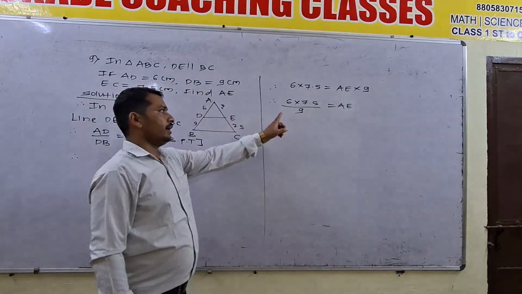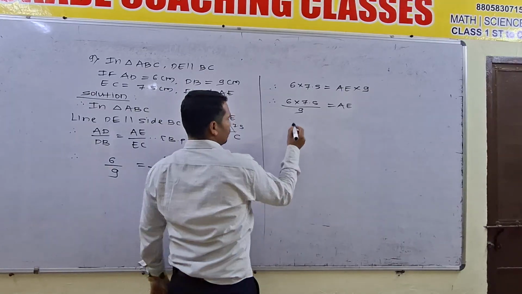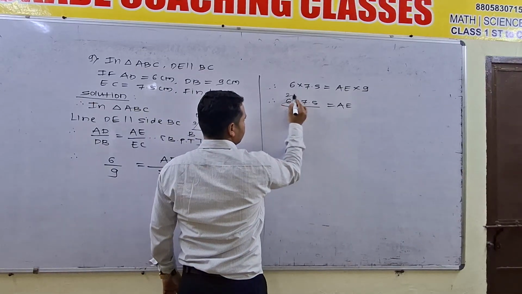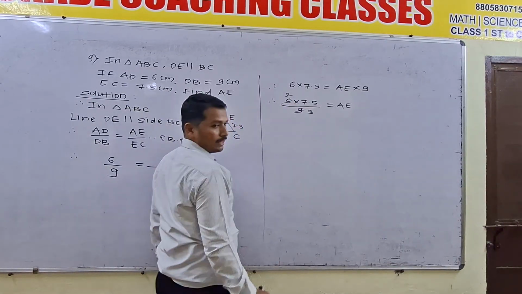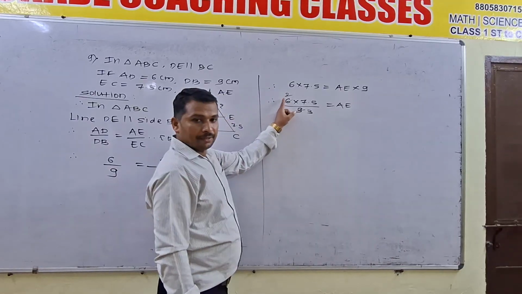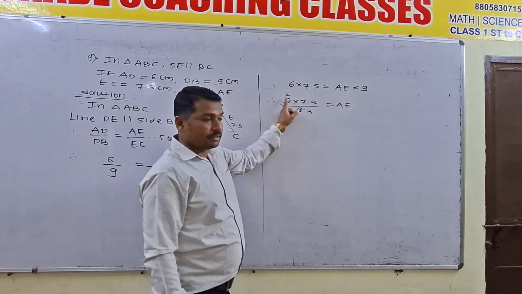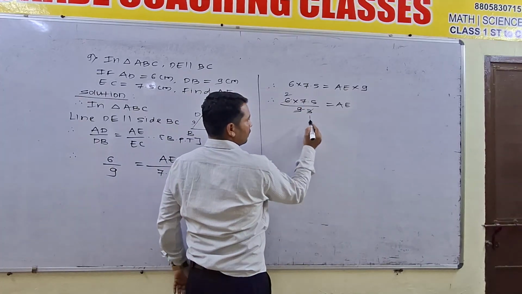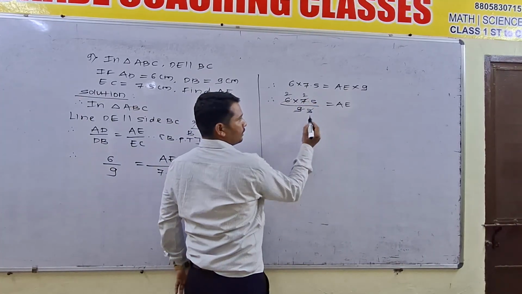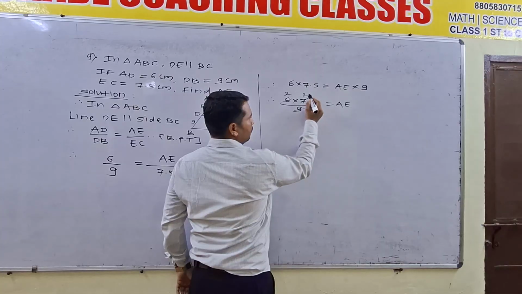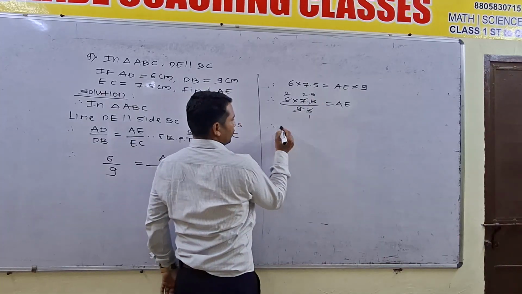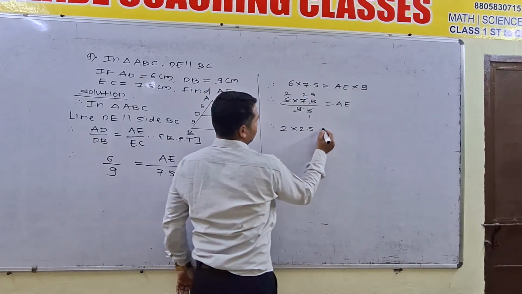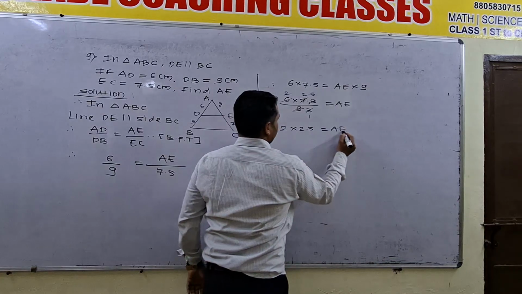Okay, we divide by 3. 3 2s are 6, 3 3s are 9. Divided by 3, 3 1s are 3, 3 2s are 6, remains 1, 3 5s are 15. So you get the answer 2 multiplied by 2.5 is equal to AE.